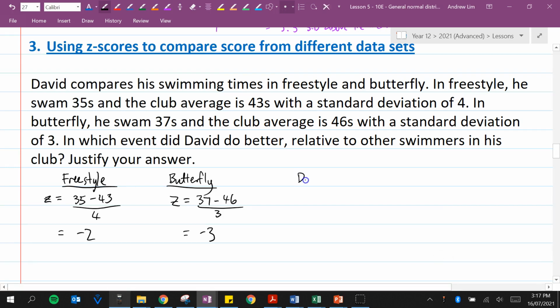So David did better in butterfly relative to other swimmers than freestyle.